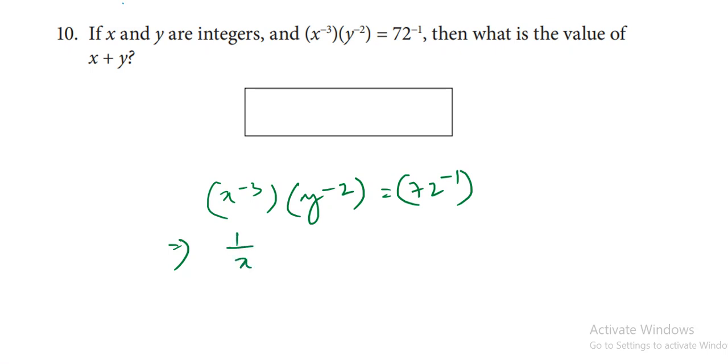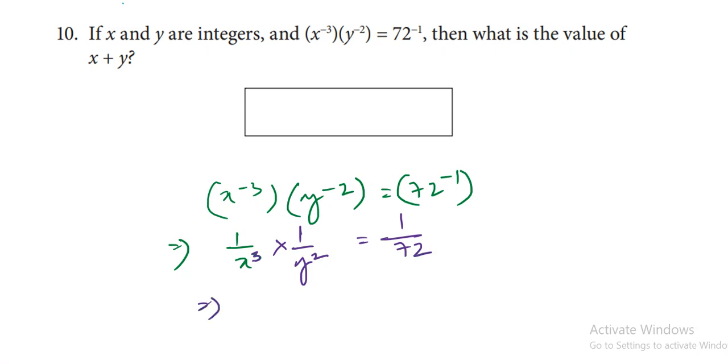x to the power minus 3 means 1 by x cube, into y to the power minus 2, that means 1 by y square, equals 1 by 72.